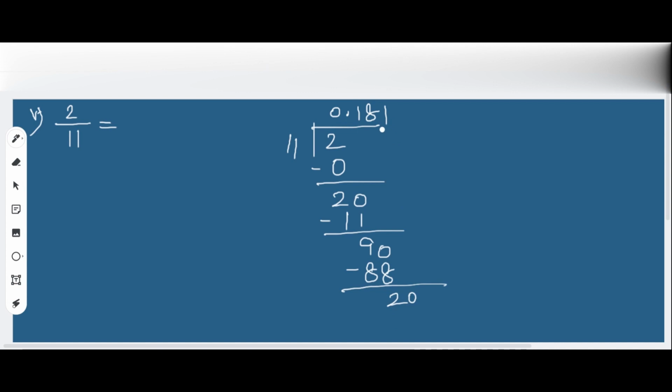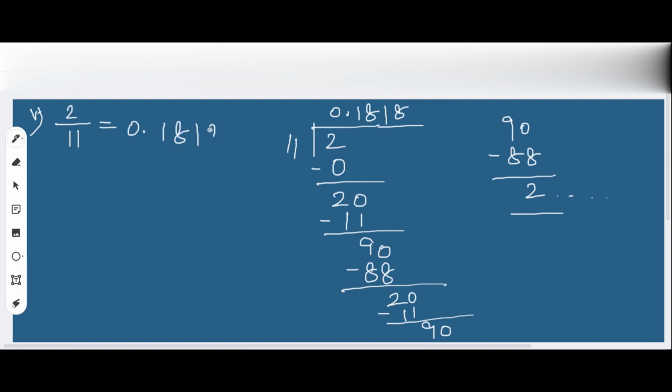So how many times? 11 ones are 11. 20 minus 11 is 9. 11 eights are 88. I'll write again. 90 minus 88 is 2. Again you got 2. So it keeps on repeating. So what is your quotient? 0.18, 18, 18 and so on.